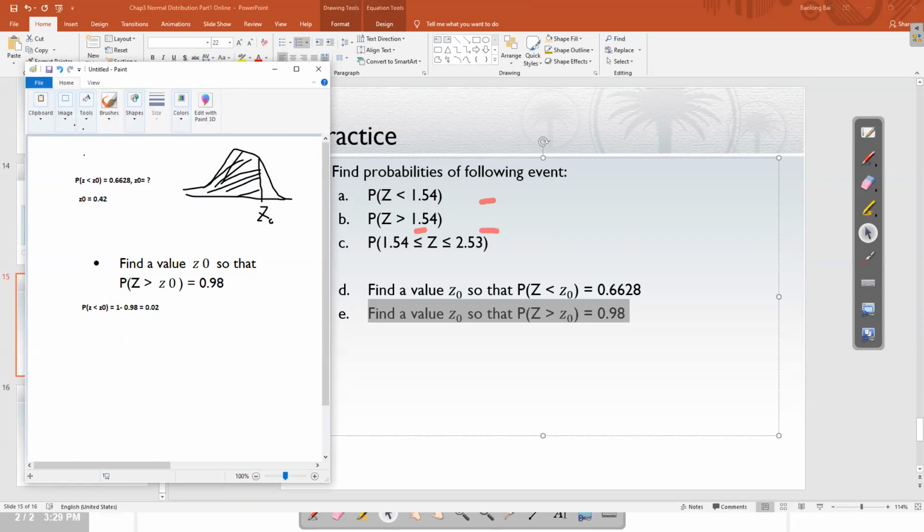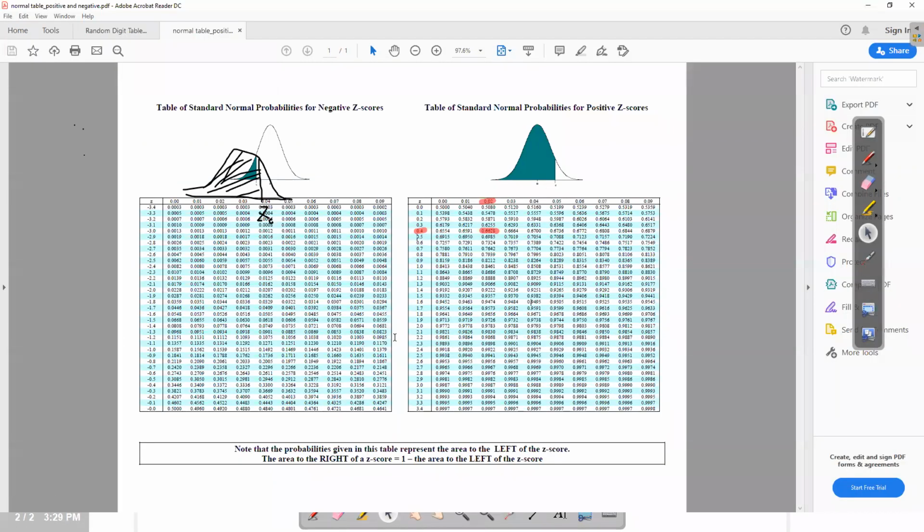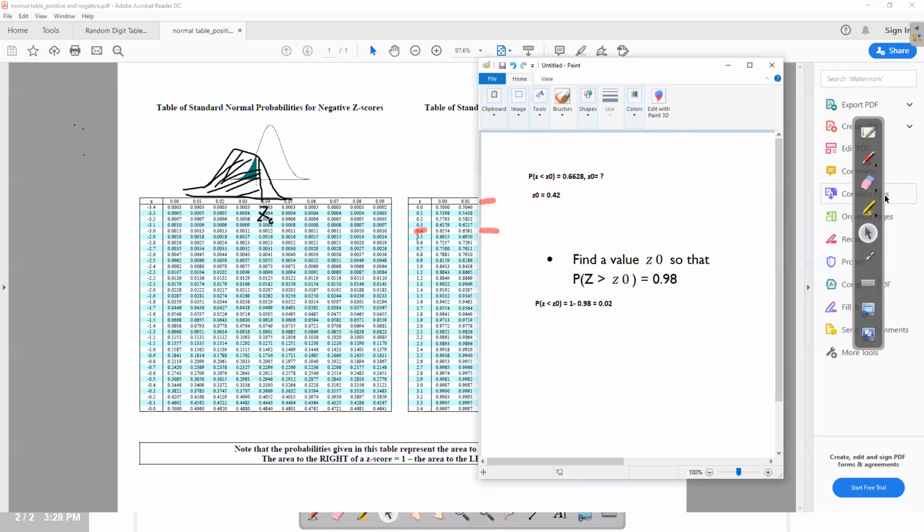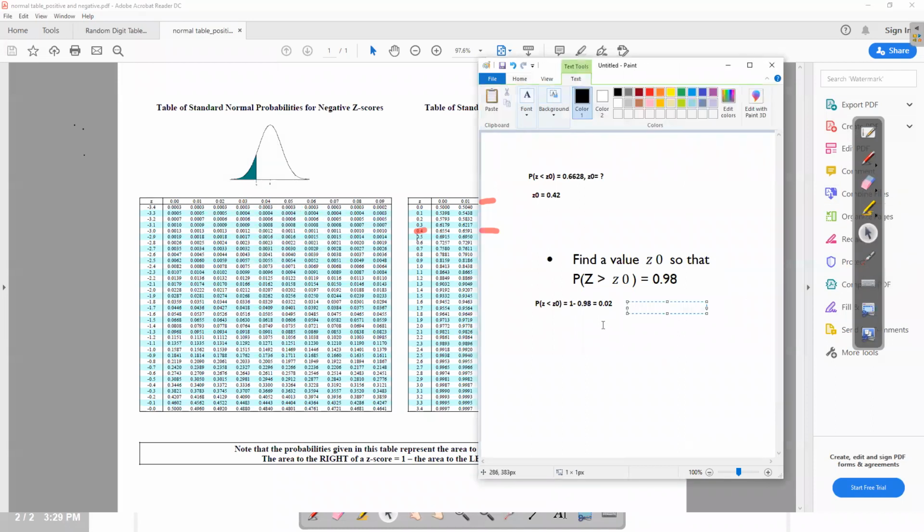So we look up in the Z-table the probability of 0.02. 0.02 will be on the left-hand side of the table. So we look as close as we can to find 0.02. We can see there is 0.0202, that's very close, and 0.0197. You can use either one to approximate.